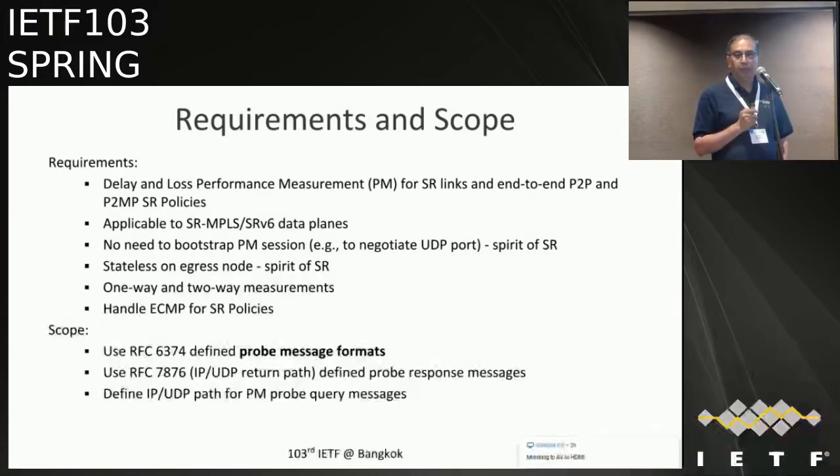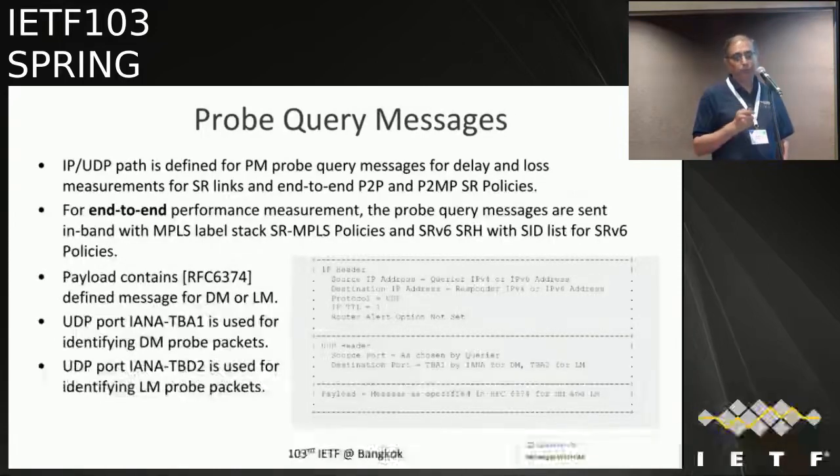They are sent with the label stack or the segment list for SR MPLS and SRv6 policies. And the payload is basically RFC 6374, so we are not inventing a new performance measurement protocol here. We are requesting two IANA ports, one for DM and one for LM.